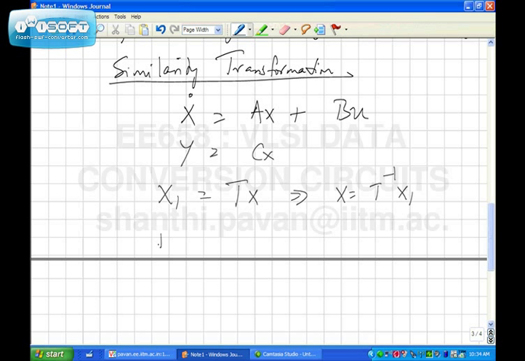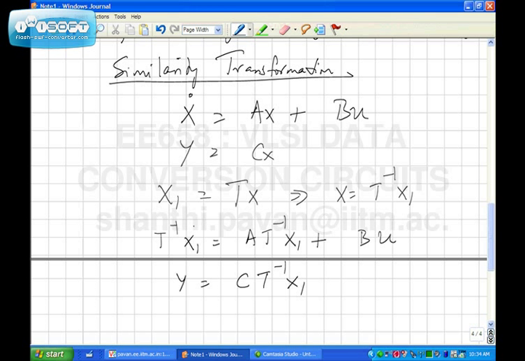So, x dot is A times T inverse x1 plus Bu, and y is nothing but C times T inverse x1.